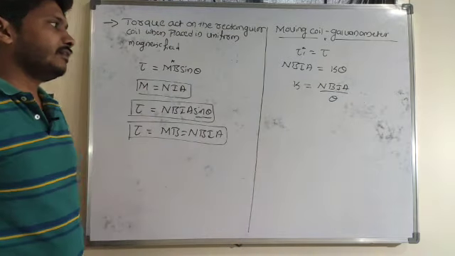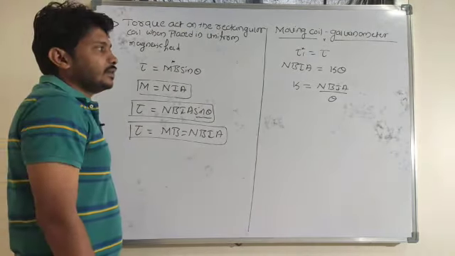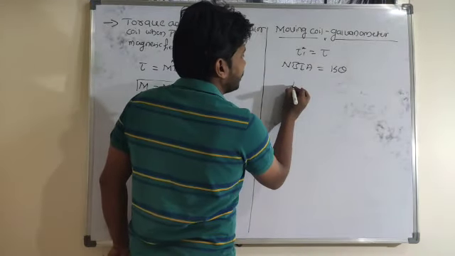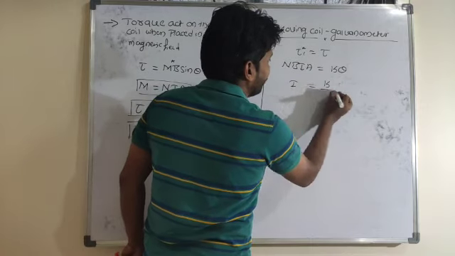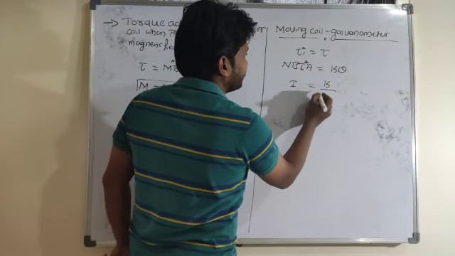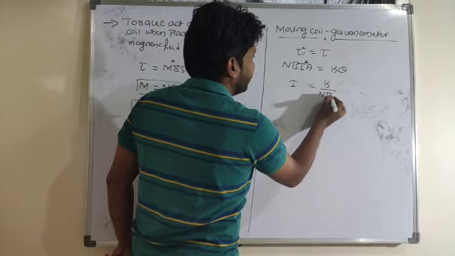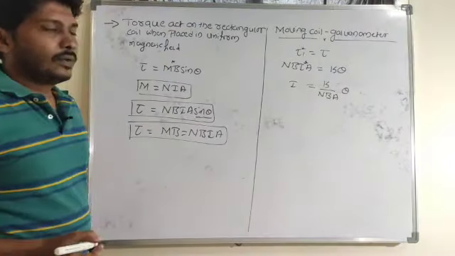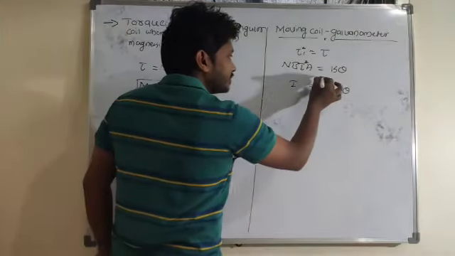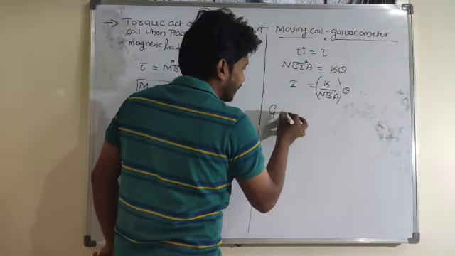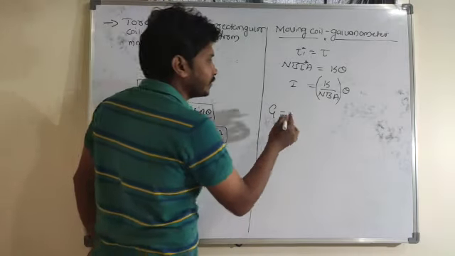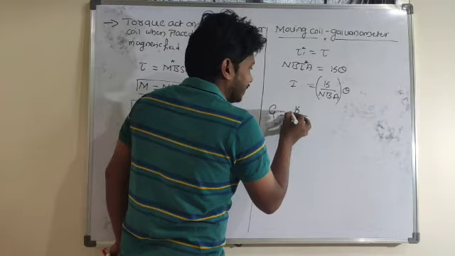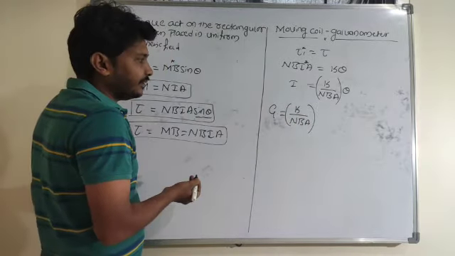Or otherwise, I is equal to k divided by NBA into theta. That k divided by NBA I will take as the galvanometer constant. So G is equal to k divided by NBA, where k represents the spring constant here.